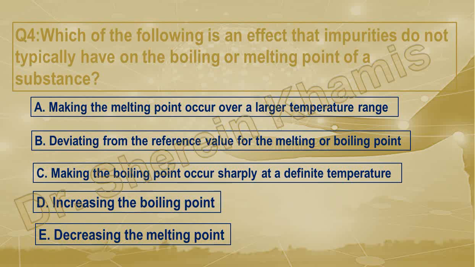If we don't want to affect the boiling point or melting point of a substance, it means that we want to leave the impurities alone and the substance keeps its own properties without any change. We didn't want the properties of the substance to change. So here we have C, making the boiling point occur sharply at a definite temperature.